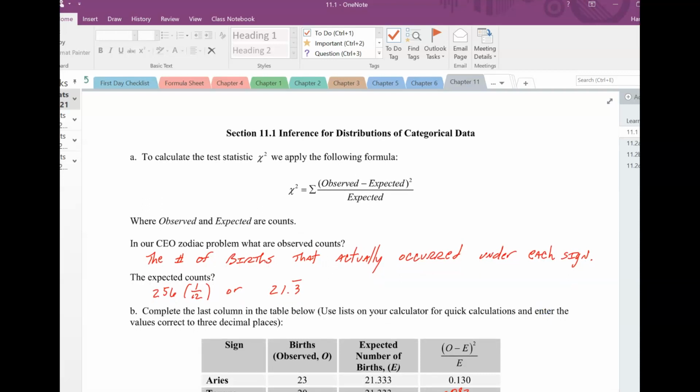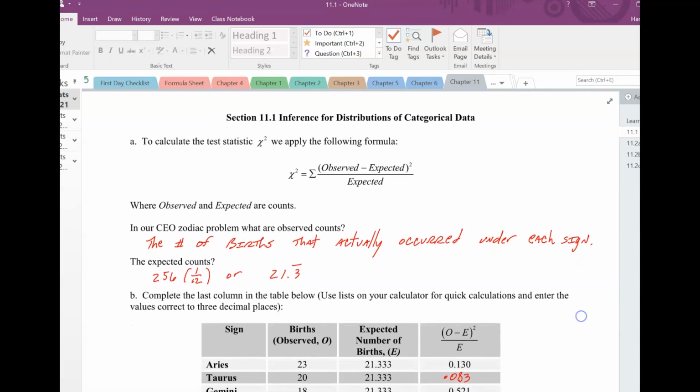For an Aries, there were 23 observed, 23 CEOs that fell under that sign. Again, we expect 21.3. Following this formula, observed minus expected squared over expected, you get a value of 0.130. If you were to do this again for a Taurus, the observed is 20, expected 21.3. Following the formula, you get 0.083.